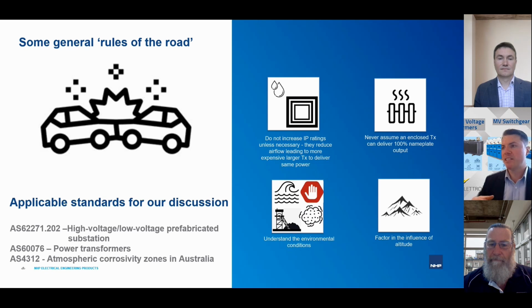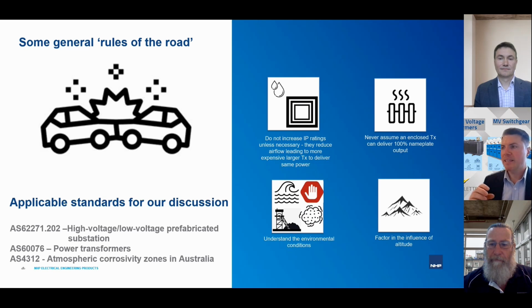Clear reasons: they reduce the airflow, which can lead to either a more expensive or larger transformer, just to deliver the same level of output power. So concept 1, unless you really need to increase the IP rating, don't do it. Just minimum viable product, I would say. What suits the application is what you should be aiming for.